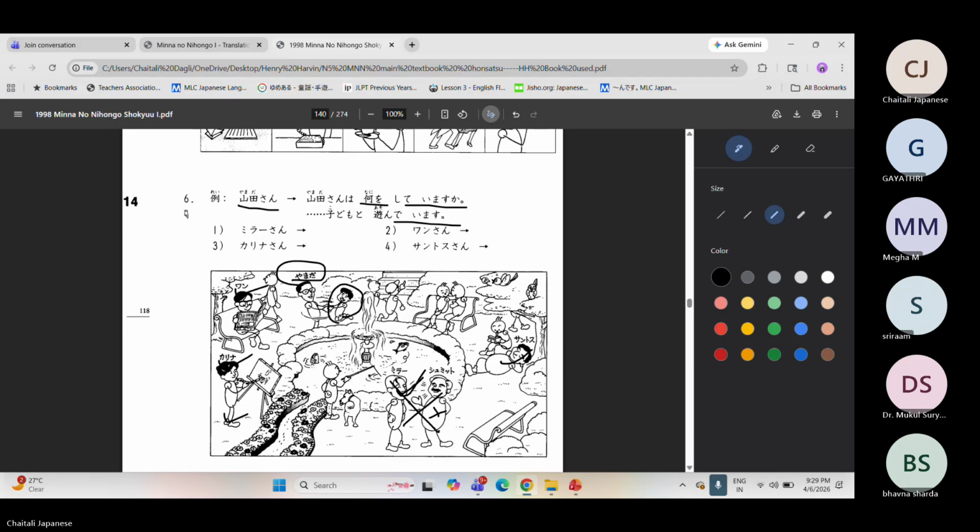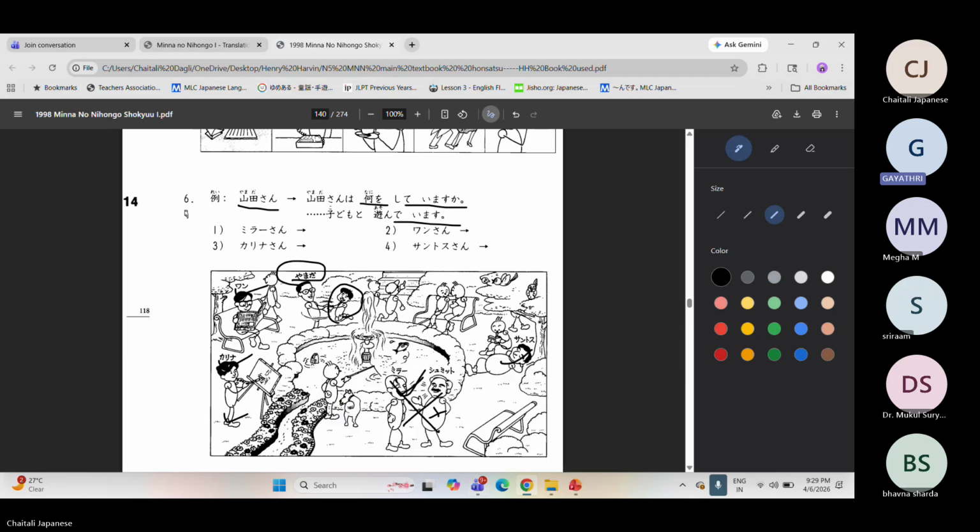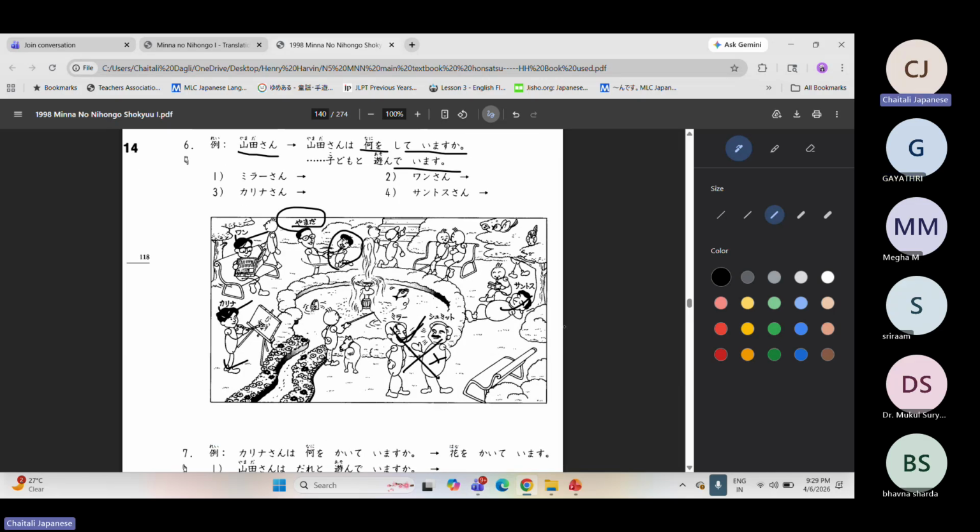Are we clear with this exercise, everybody? Ma'am, for the last sentence for resting, can we say yasunde imasu? Yeah, yasunde imasu, you can also say he's resting. Yasumimasu becomes yasunde. Yasunde imasu, correct. That is also okay. Are we clear with question 6, everyone?